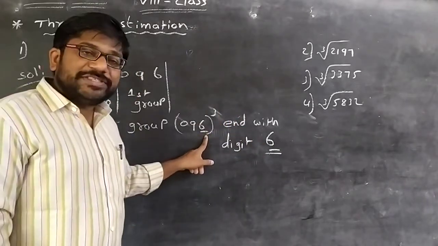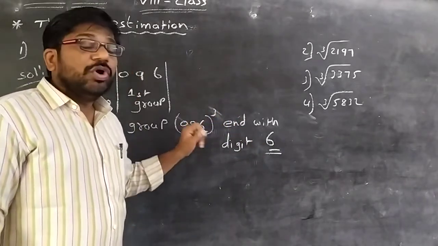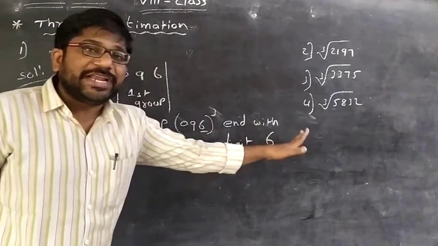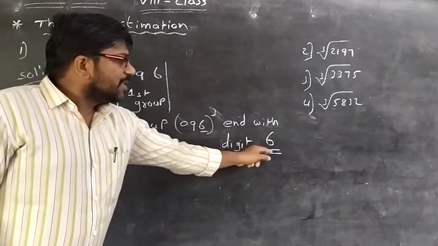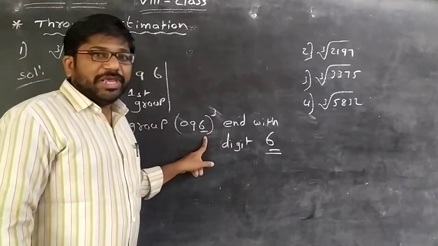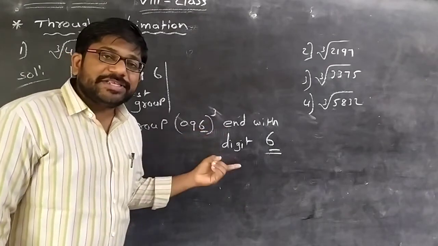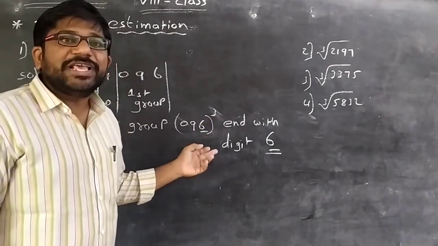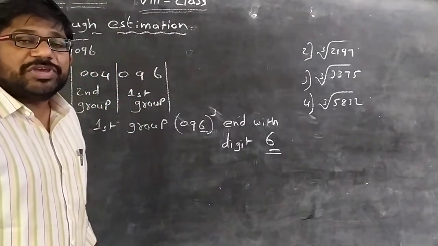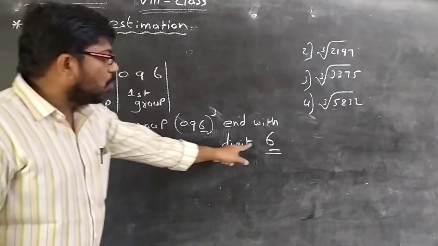Suppose 2 is there, then 2 cube is 2 4s are 8, ending with the digit 8. Here 6 ends with 6. Suppose 3 is there, then 3 cube: 3 3s are 9, 9 3s are 27, ending with the digit 7. So here we should take the units digit only.